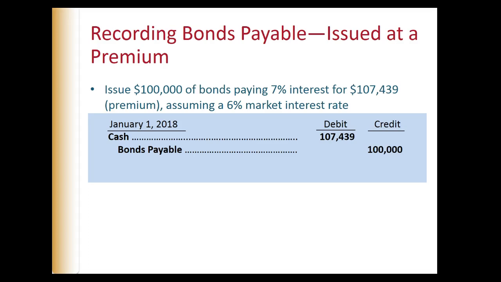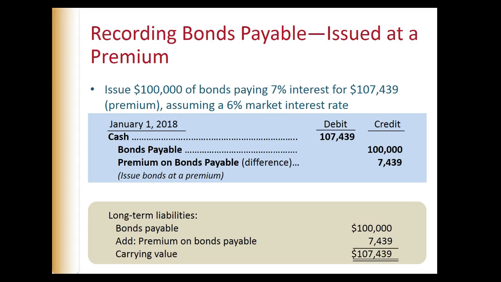When bonds issue at more than face value, we say they issue at a premium. So California Coasters records the bond issue as shown right here in this journal entry. We're going to show cash of $107,439, bonds payable of the $100,000, and the premium on bonds payable, which is the difference, of $7,439.